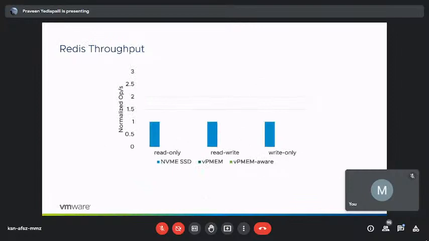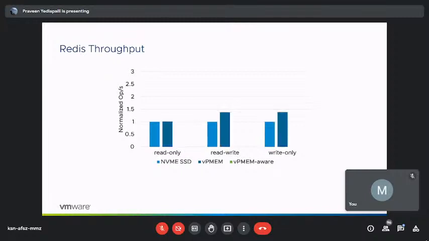So first, let's look at throughput. Here I'm showing operations per second with 3 different tests: read only, read write, and write only. And 3 different scenarios. One is NVMe SSD, the second one is regular PMM, and the third one, the light green one, is PMM aware Redis.